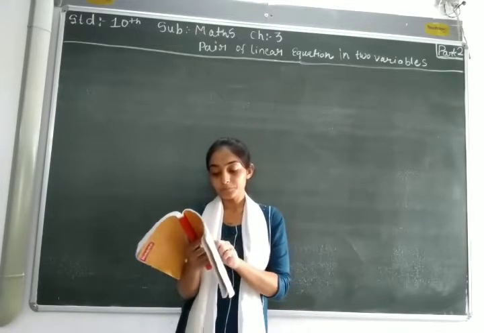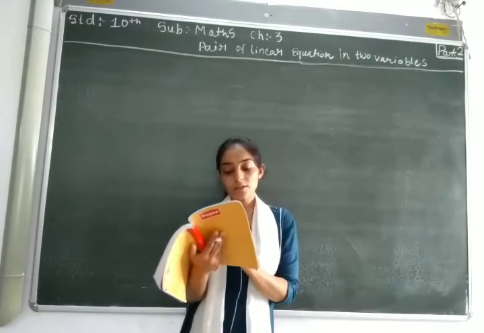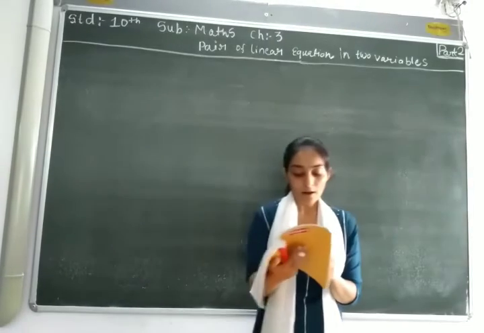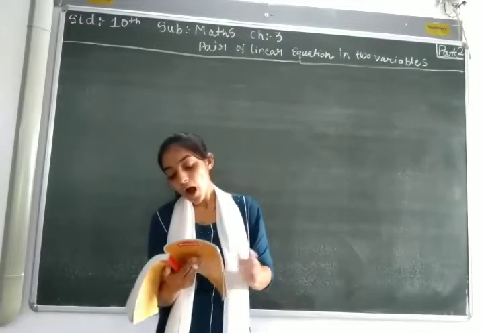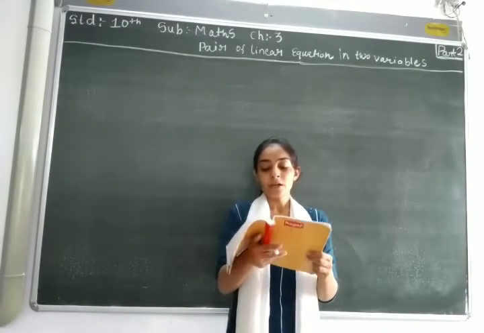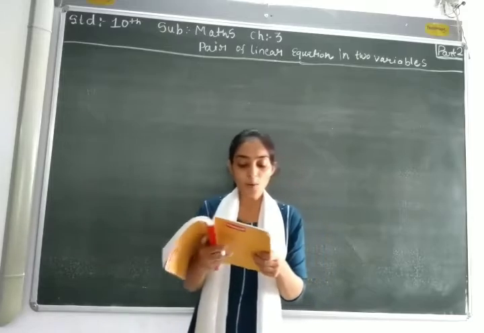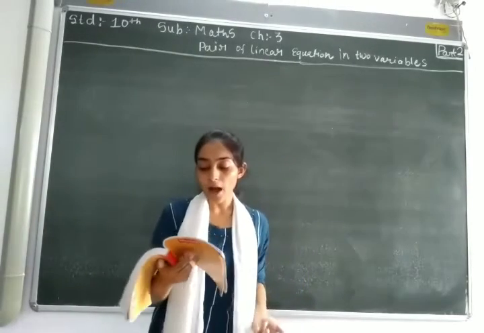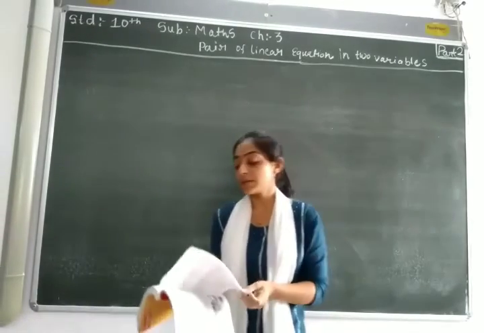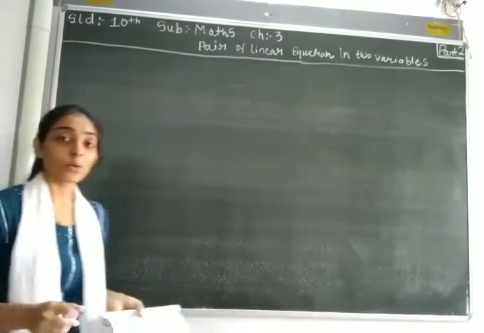If each ride cost 3 rupees and a game of hoopla cost 4 rupees, how would you find out the number of rides she had and how many times she played hoopla? Provided she spent 20 rupees. That is the question.